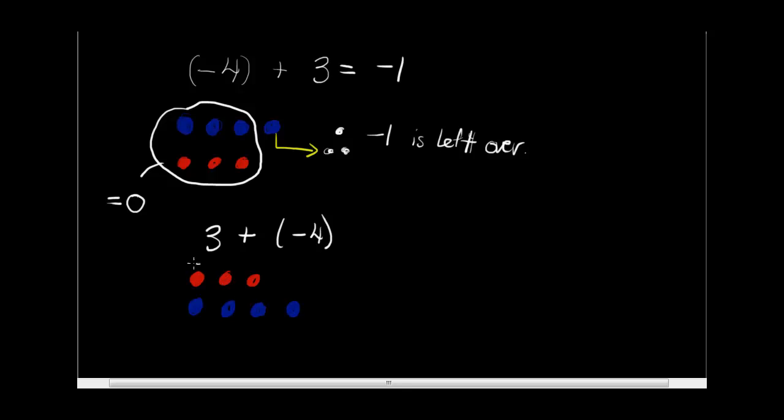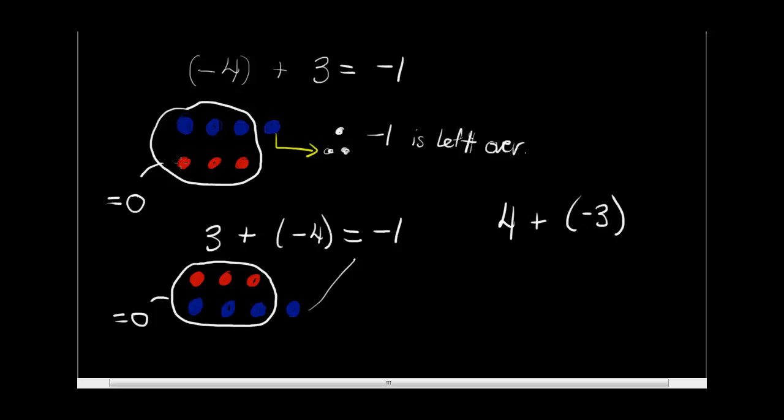Look for the 0 pairs, which we notice there are 3 0 pairs again. And whatever we have left over is our answer. And you can notice that these two examples result in the exact same answer.